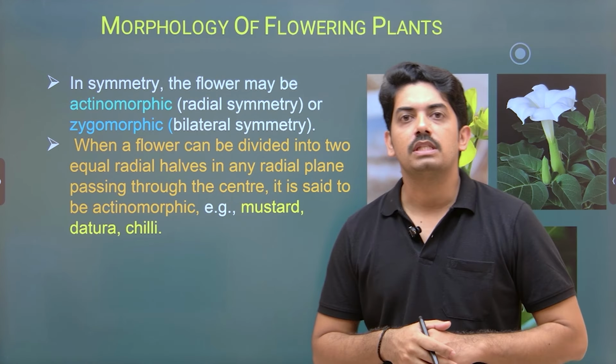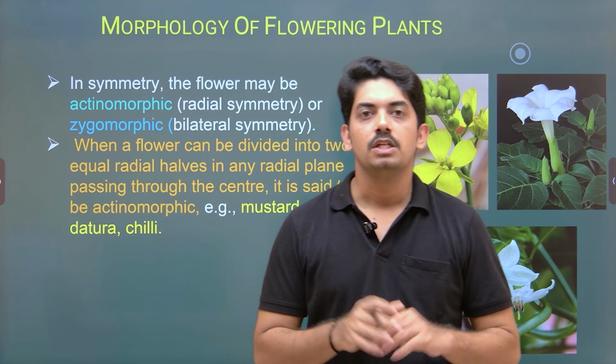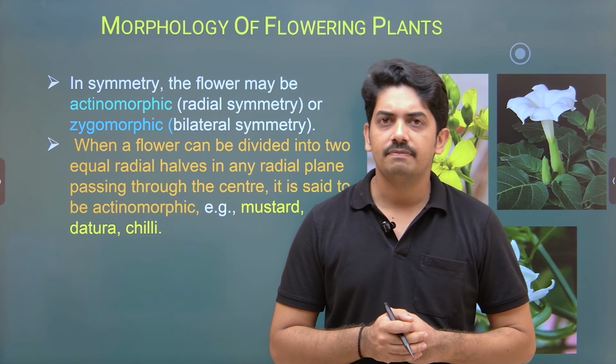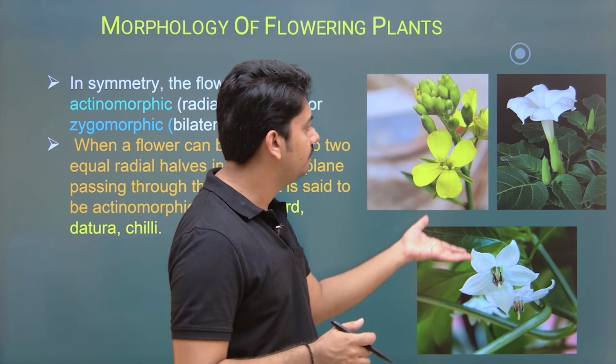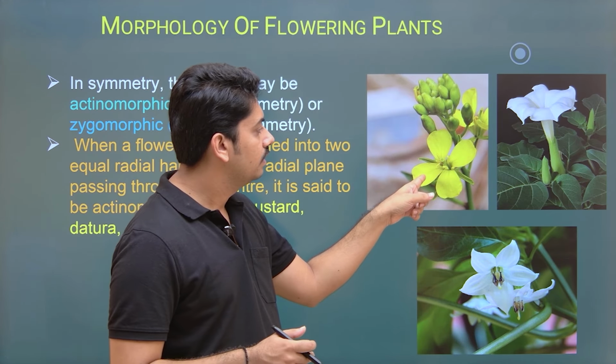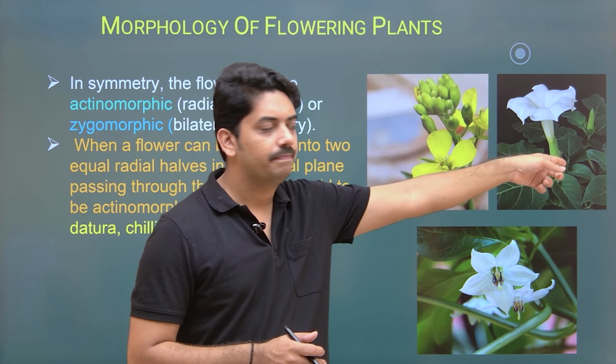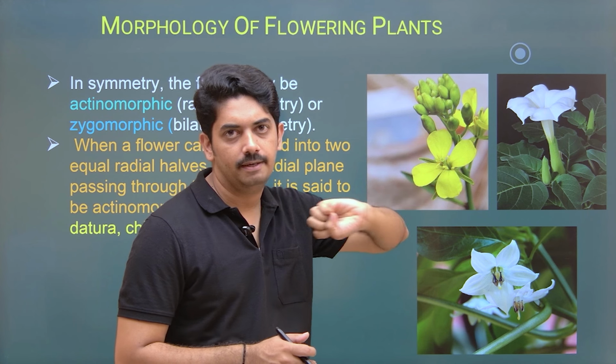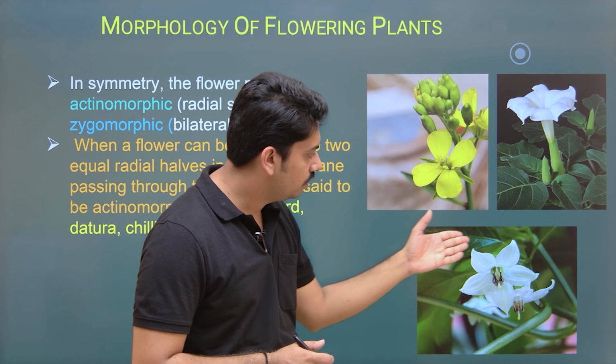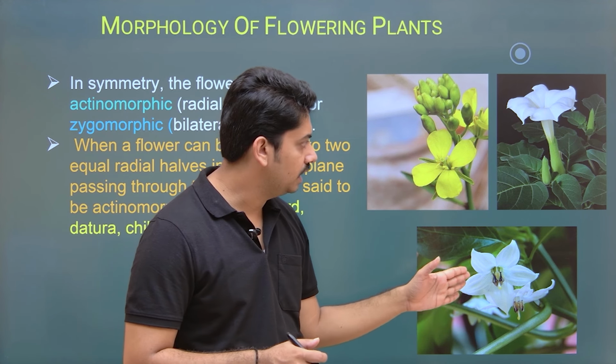When it comes to symmetry of the flower, shape of the flower, whether all the flowers are the same, just look at the flowers. This flower is mustard. This is one more flower from Solanaceae, chili.